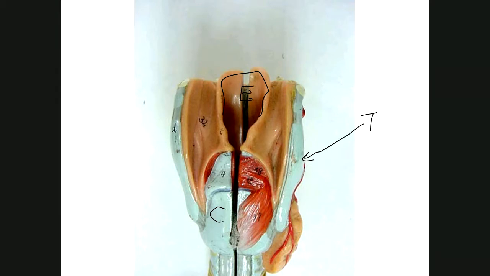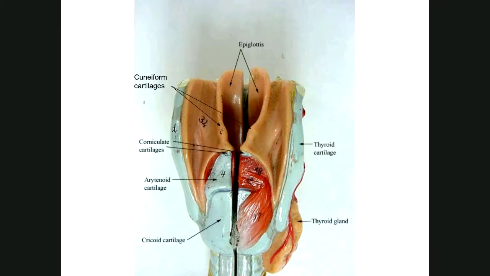In this picture, we can also see the smaller cartilages. So there's the arytenoid, there's the corniculate, and there, which you can't see really, are the cuneiforms. If we open it up and look at it medially, it's like this.